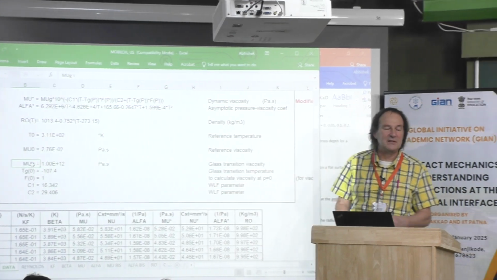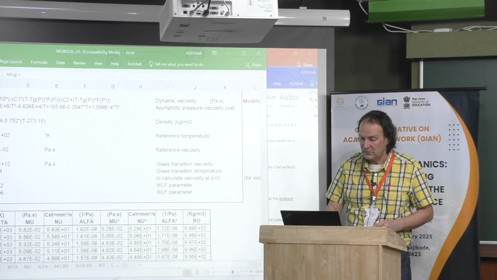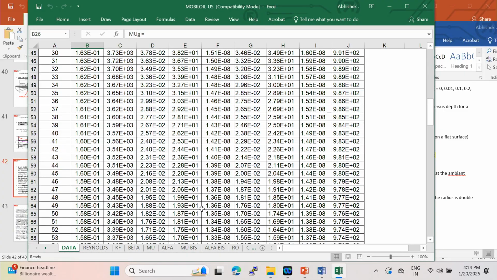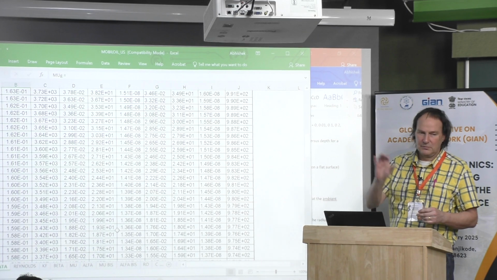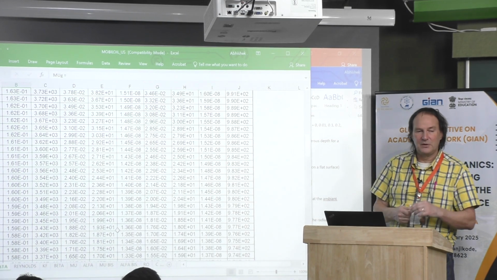There is less than 10% difference between both. And you can see the value. All these oils have very high alpha, right? It's not very high alpha. Alpha is changing between 1 and 3, 10 to the power minus 8. They are changing between, but they have a strong effect on the film thickness if you want to be accurate.